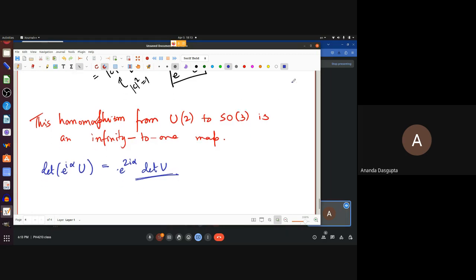But another important thing about det U: any idea about what det U can be? What can you say about the determinant of a unitary matrix?